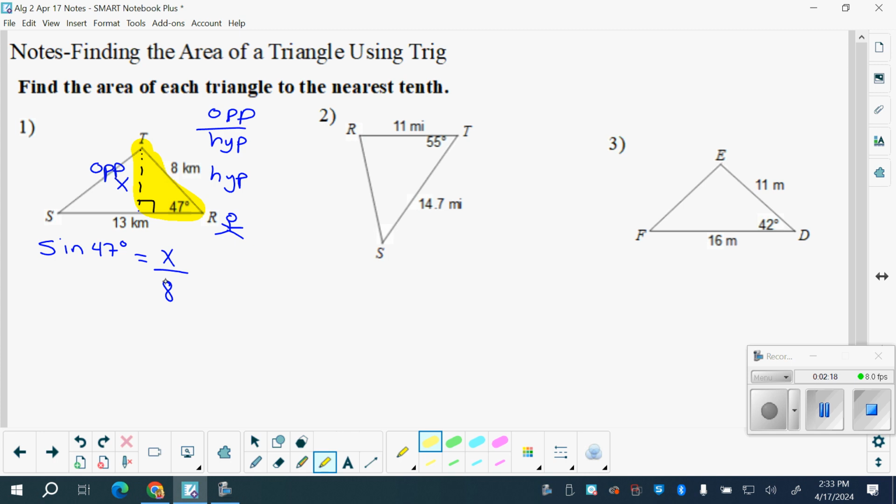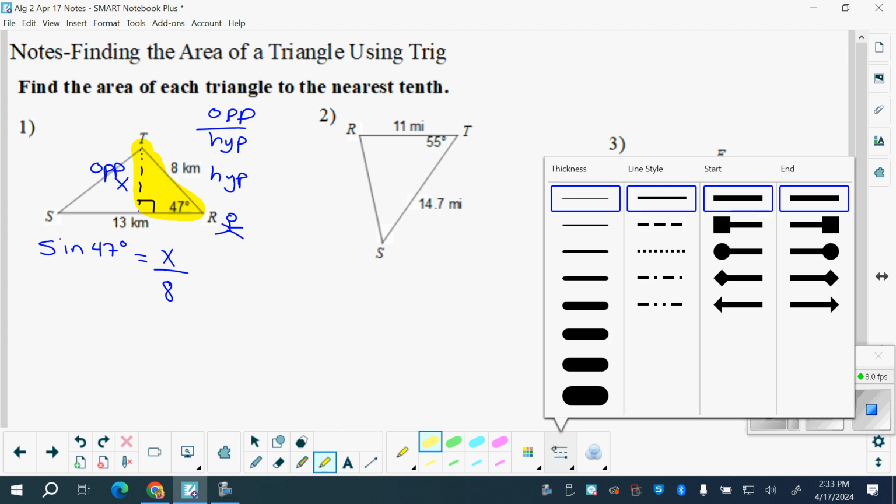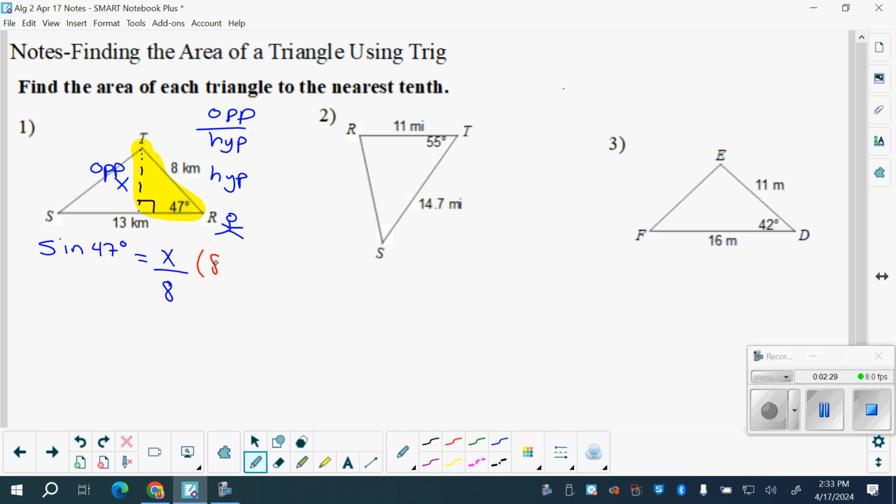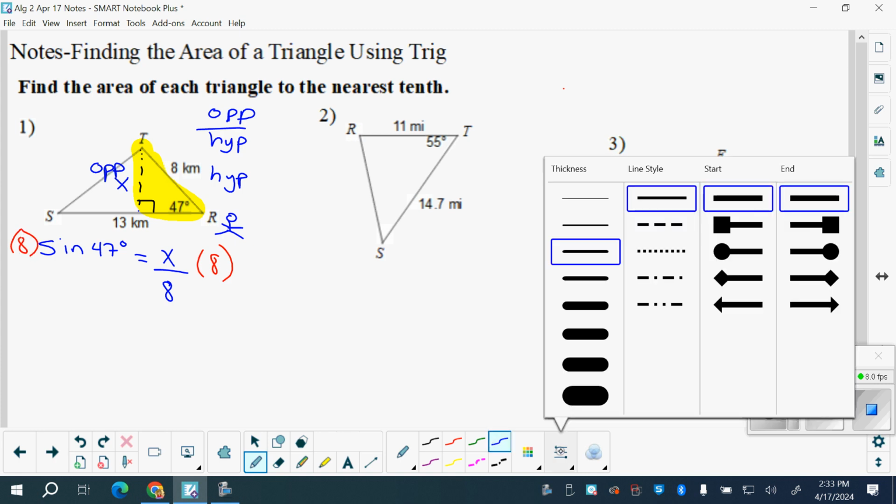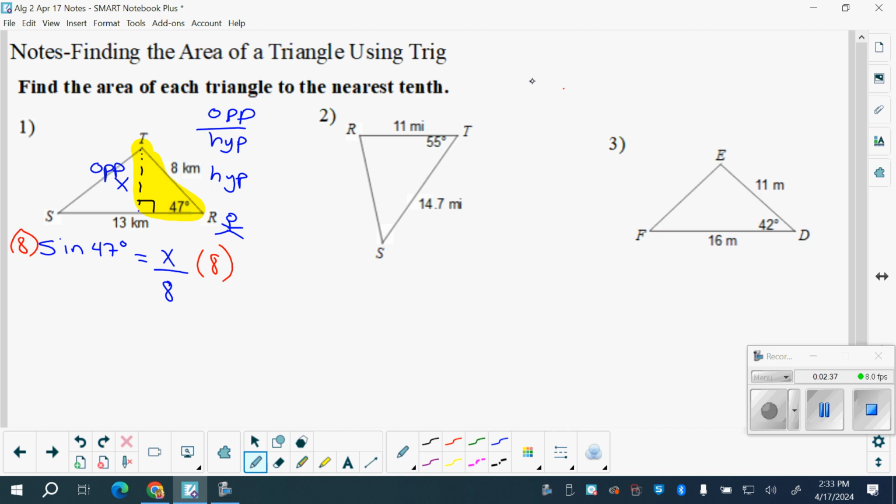Yep, multiply both sides by 8. So multiply by 8, multiply by 8, and then we have x is equal to 8 times sine 47 degrees.